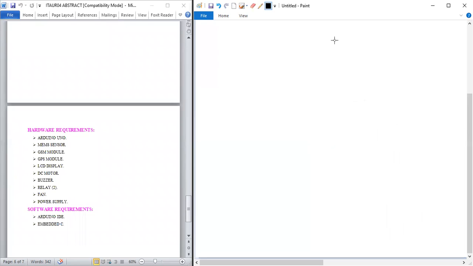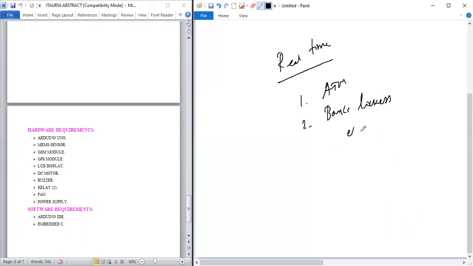So the next one is real-time examples. Where can we use it? In ATM security, bank lockers, etc. These are the real-time examples.